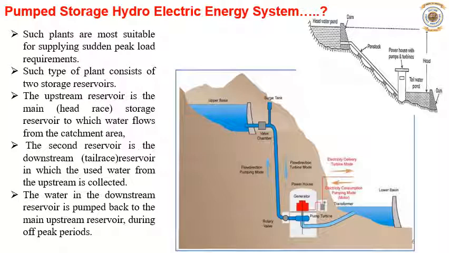So the efficiency in such a case is high and almost the same in both operations, in pumping as well as generating power. With use of reversible turbine pump sets, additional capital investment on a pump and its motor can be saved. That is one more advantage.